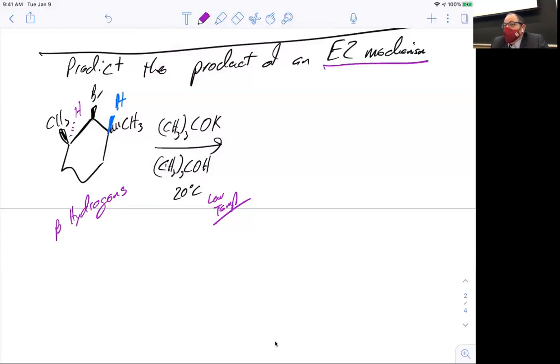Since it's E2, what do we need to know besides just beta hydrogens? Not only does it need to be a beta hydrogen, the beta hydrogen must be able to do what? It must be able to form an anti-periplanar arrangement.